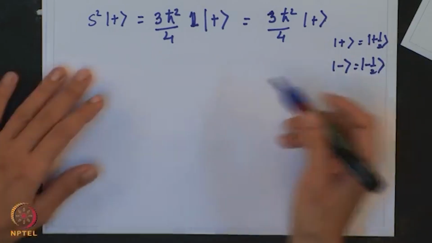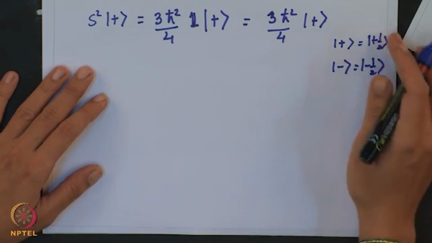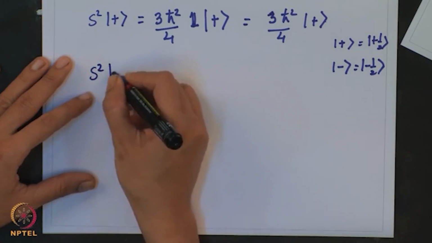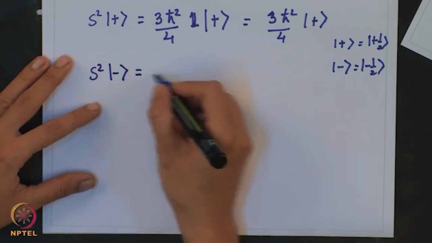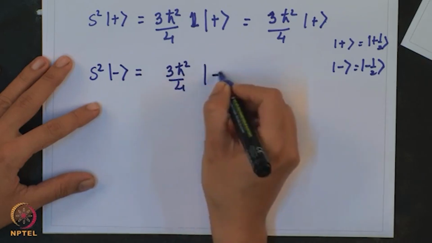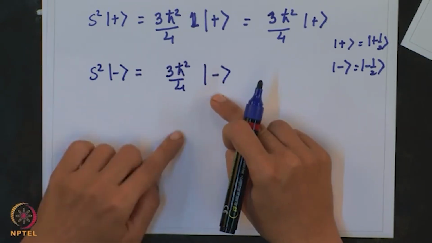This you should remember. This is called the spin up state, this is called the spin down state. These things you must remember. S square when operated on minus ket will give you 3ħ square by 4 times minus. This is nothing but the down state, so it will project out only the down state.